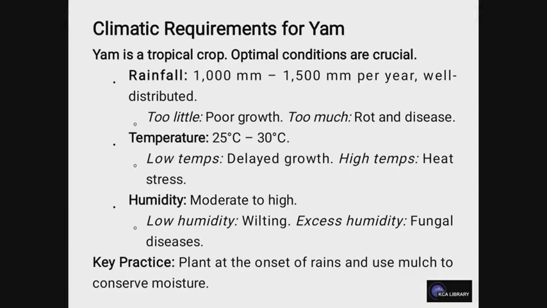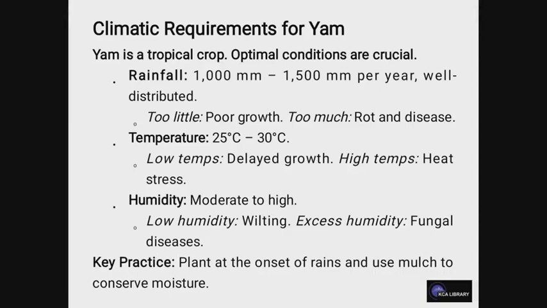Looking at the climatic requirement for yam, yam is a tropical crop, and its optimal conditions are crucial. In terms of rainfall, we talk about 1000 millimeter to 1500 millimeter per year, well distributed. When it is too little, it leads to poor growth, and when it is too much, it leads to rottenness and also diseases.